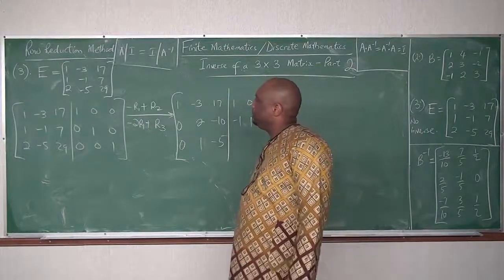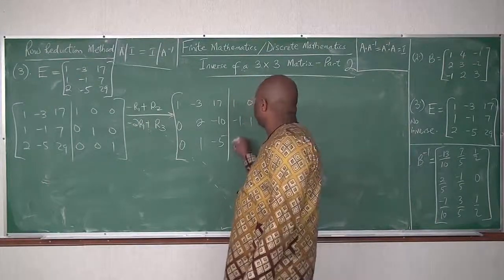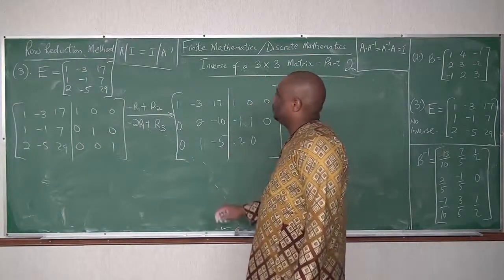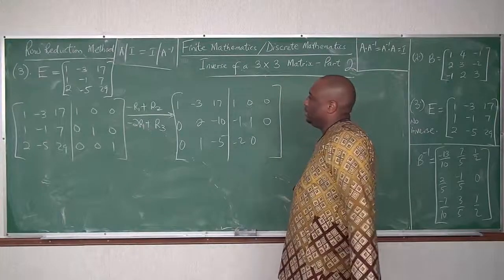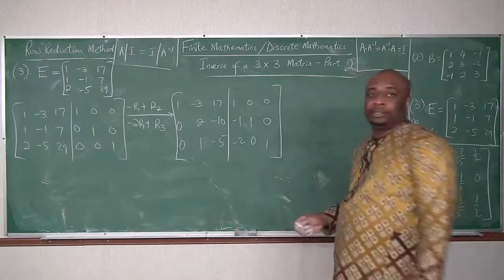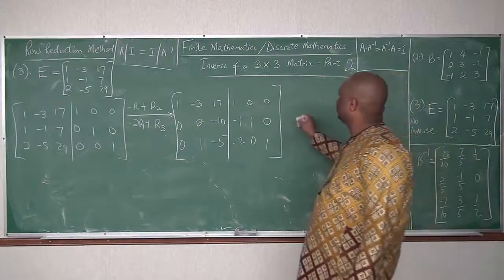Right? Then negative 2 plus 0 is negative 2. 0, 0 is 0. And 0 plus 1 is 1. Right? This is what we got the first time.